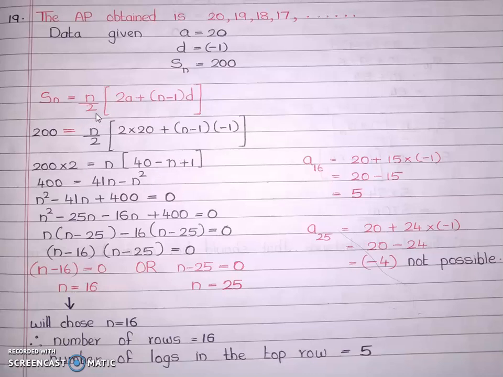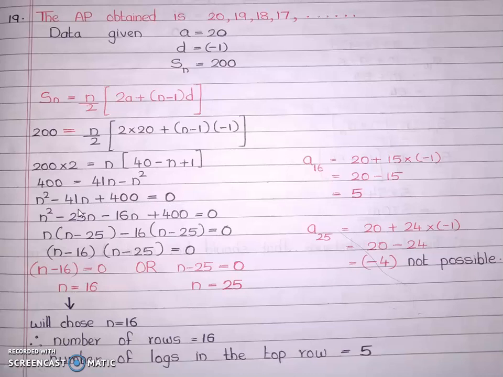Substituting the values of Sn, a and d, simplifying it, you will get a quadratic equation. N square minus 41n plus 400 is equal to 0. This is the quadratic equation you obtain.